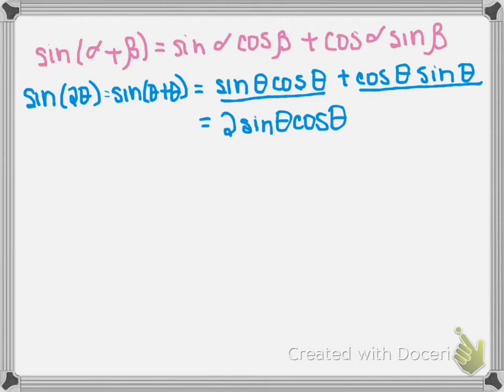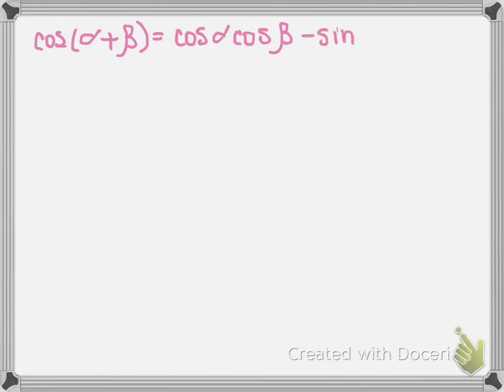Right, I'm going to turn the page for cosine because I want lots of space. All right, so for cosine, let me go back to my pink. So take the sum formula, take the cosine of alpha plus beta. The formula says that's cosine alpha cosine beta minus sine alpha sine beta.